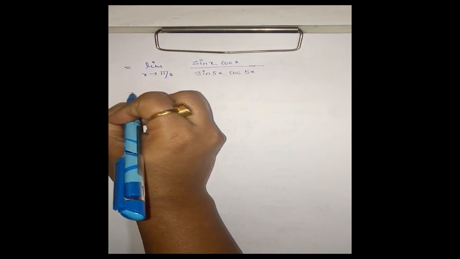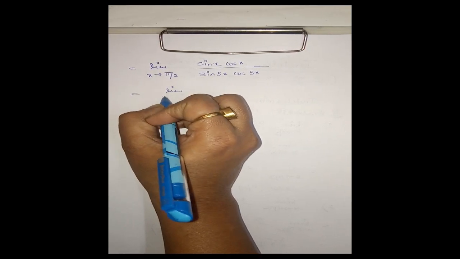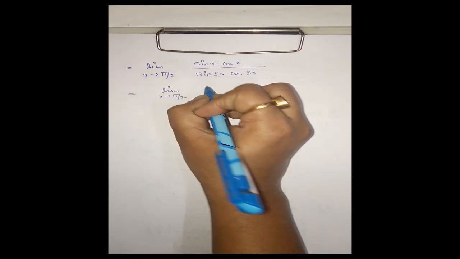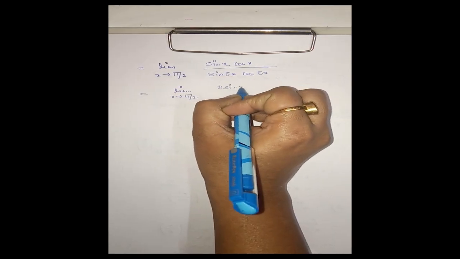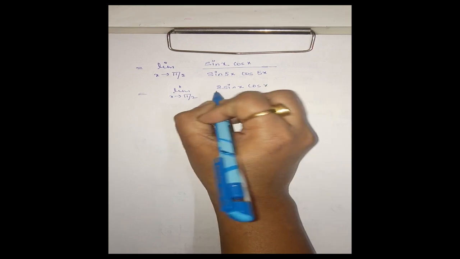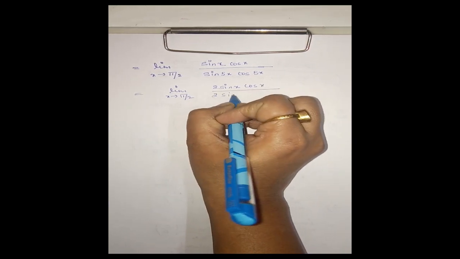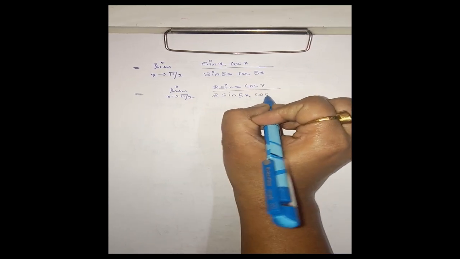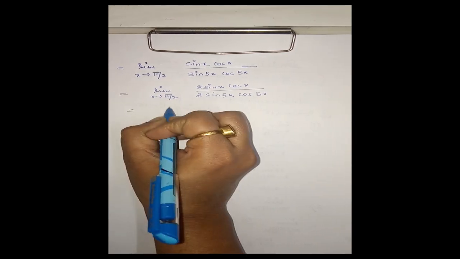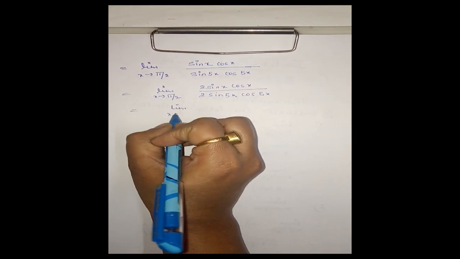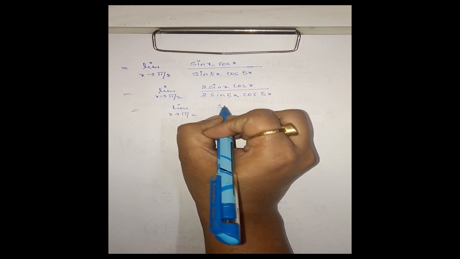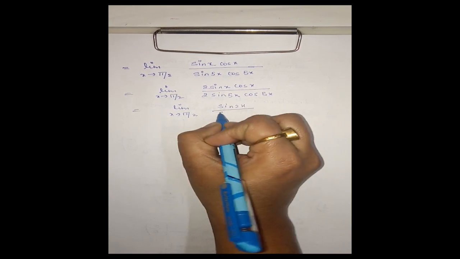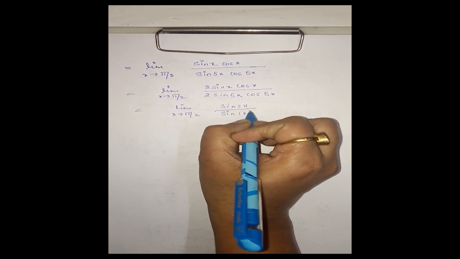Now this can be written as limit x tending to pi by 2, dividing and multiplying by 2, this is 2 sin x cos x over 2 sin 5x cos 5x. Now applying the formula of sin 2 theta, this is sin 2x divided by sin 10x.